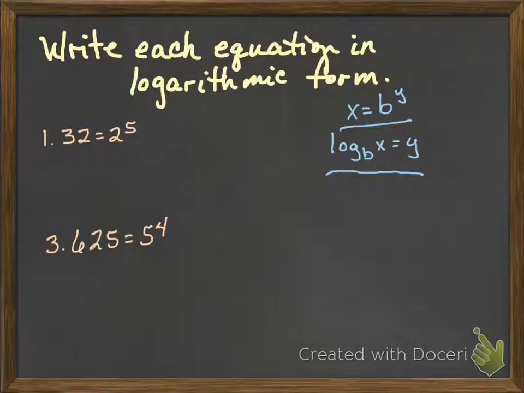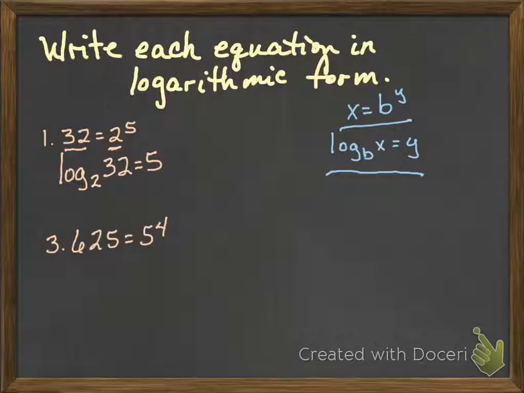Okay, so let's do a couple of problems. 32 is equal to 2 to the 5th power. To write that in logarithmic form, we write log. Our base is 2, so we put that as a subscript. Base 2 of 32 is equal to the 5th power.